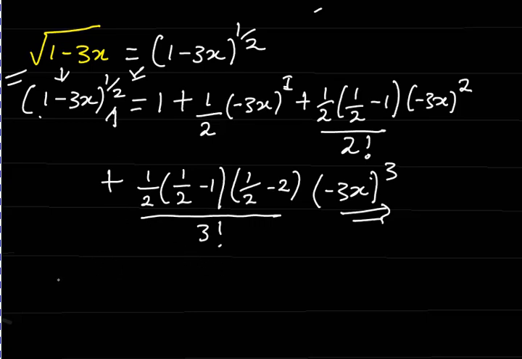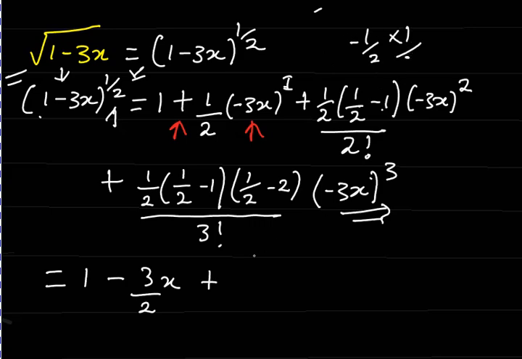Here we go. At this point, we can evaluate. So this is going to be 1. Of course, this term right here is negative, so it will affect this positive sign. So that's going to be minus 3x raised to the power 1, that's minus 3 all over 2, of course, x. Then for this one, half minus 1 is going to give us minus half. Minus half multiplied by half, that is minus 1 all over 4.